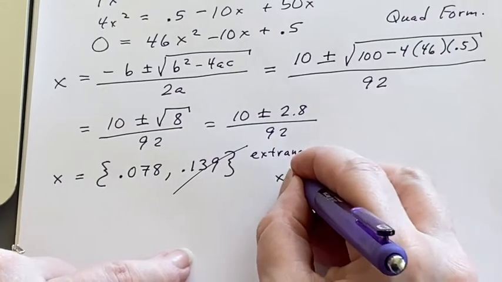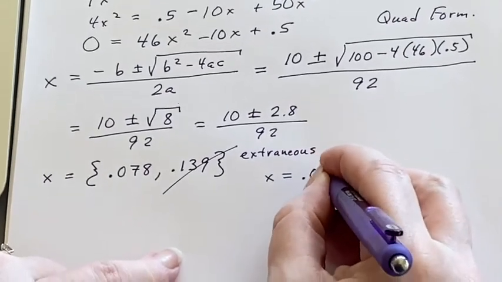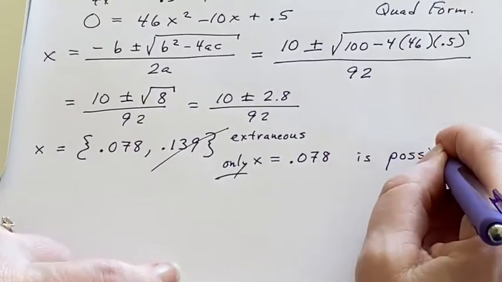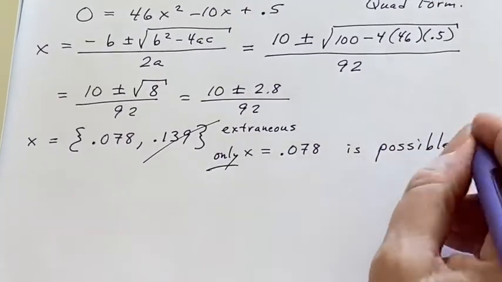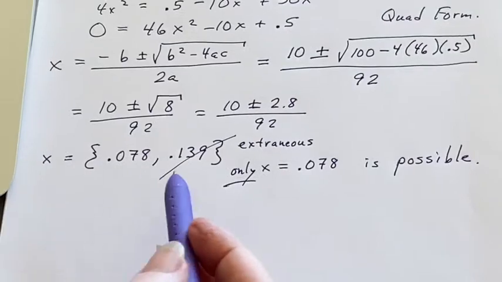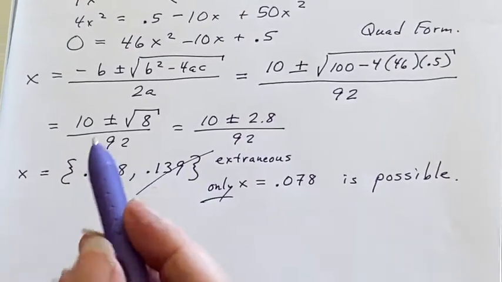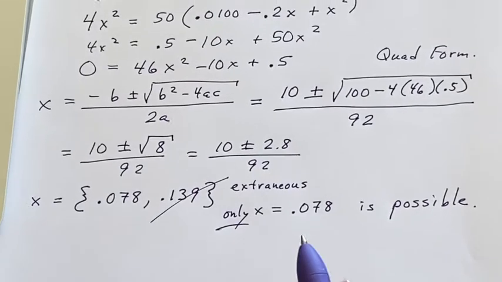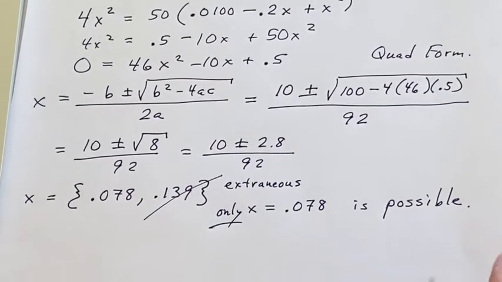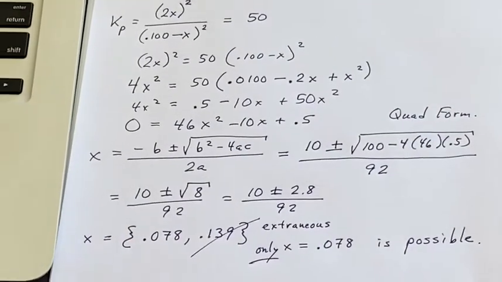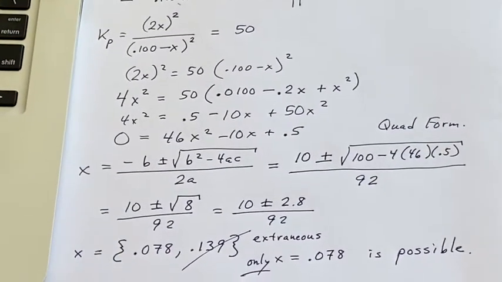Only the x equals 0.078 is physically possible. And this is what you will find in all of your rice table dealings, is if you end up with more than 1 answer, only one of them will actually be physically real. We're just going to have to make sure that we have a molarity that is positive, and we'll be able to get rid of the extraneous solutions.